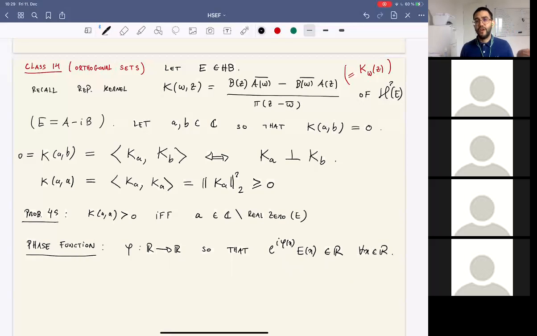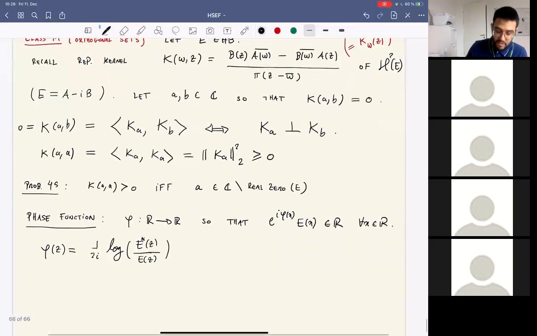You have an entire function E which on the real line is not real, but if you compute its argument and cancel it by multiplying by a certain exponential, you can make it real. The right way to do that is to define phi(z) as 1 over 2i times the log of E star divided by E, taking one of the branches of the log.